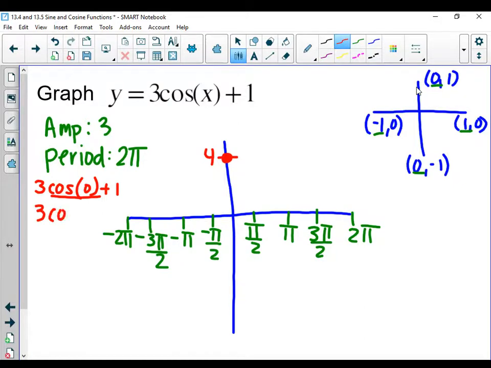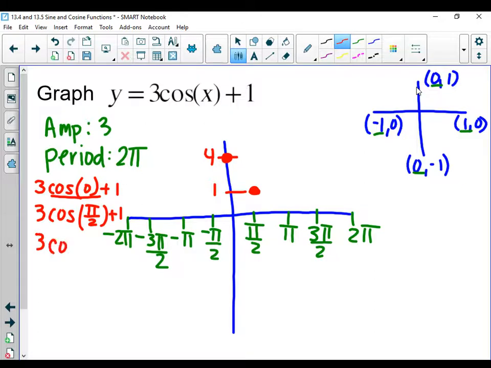All right, so let's plug in pi over 2. What is cosine at pi over 2? 0. 0 times 3 is 0. 0 plus 1, then we're at 1. I can keep going.